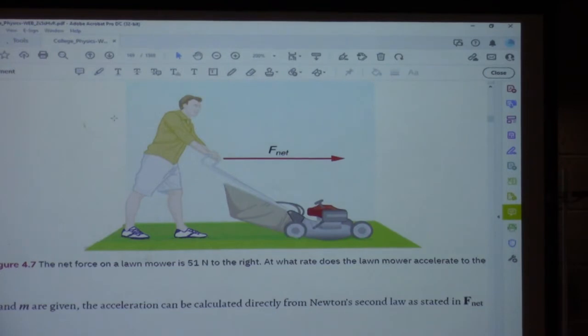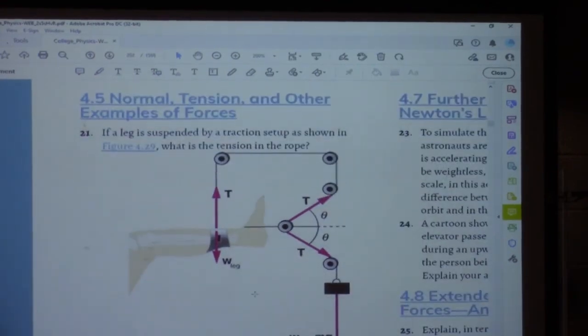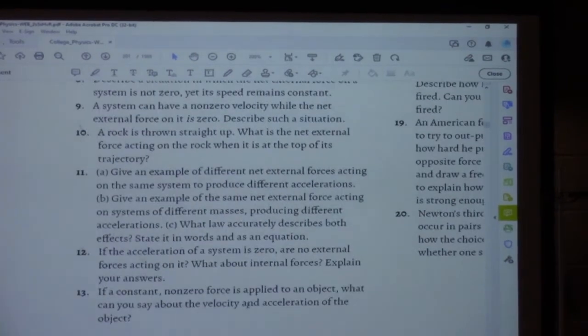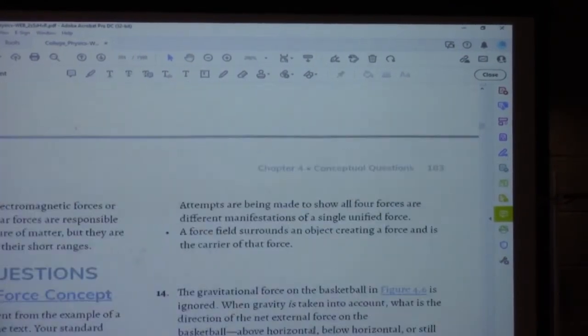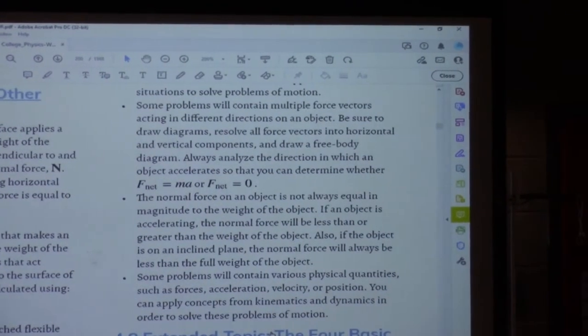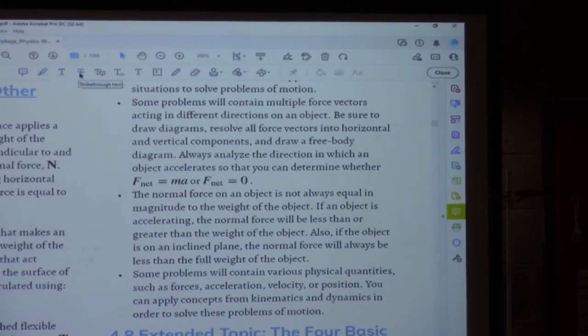Okay, wasn't too enlightening there. Yeah, didn't I go 202?